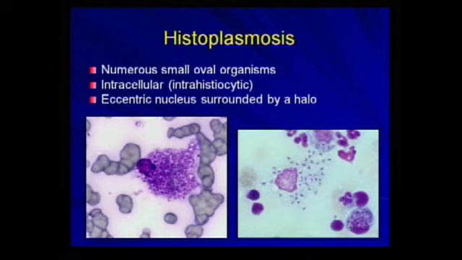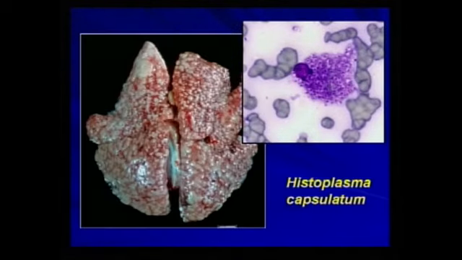The vast majority of these organisms tend to be intracytoplasmic within histiocytes. And on the left, a lovely picture of histoplasma in a cat, giving you a multifocal to coalescing pyogranulomatous pneumonia.